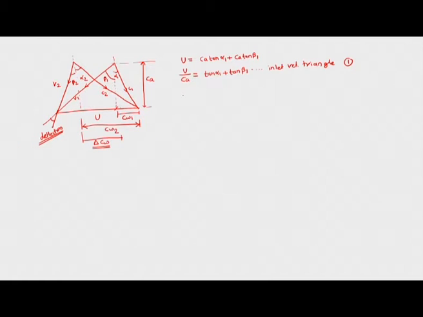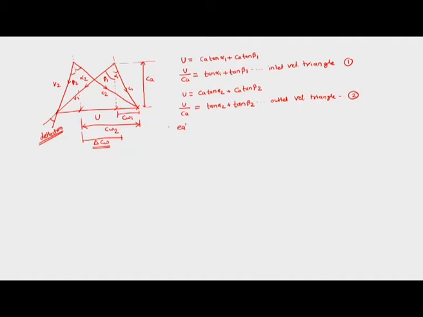Having said this, from the outlet velocity triangle we can also write u is equal to CA tan alpha 2, which is this length, plus CA tan beta 2, which is this length. So we have u upon CA is equal to tan alpha 2 plus tan beta 2. This is from the outlet velocity triangle, and we can make it equation number 2.